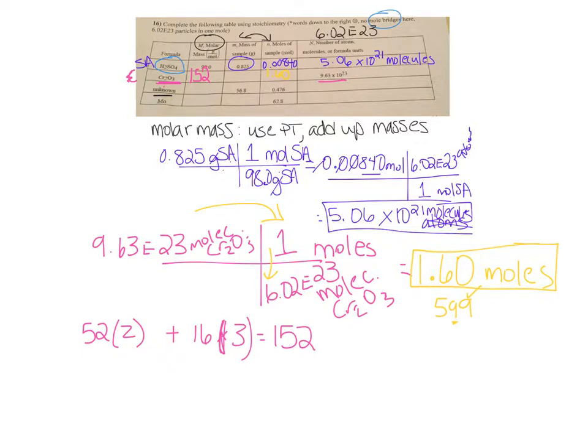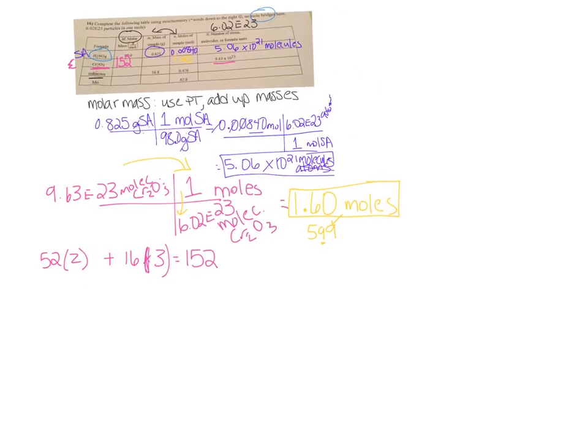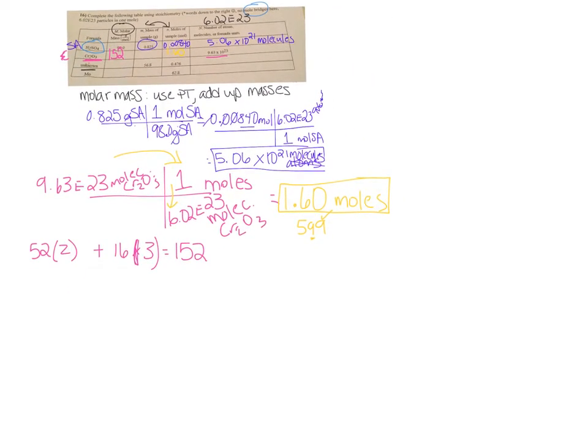Okay, so 152. So I'm going to use now this 1.60 moles, and I'm going to continue it on. And I'm going to say moles of chromium 3 oxide. Okay, so we know that 1 mole of this is going to be about 152 grams.